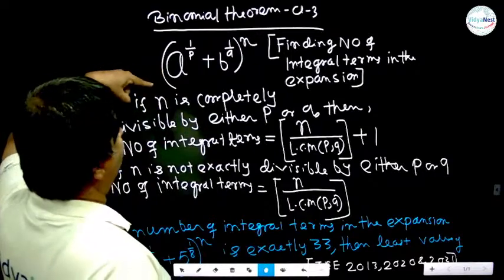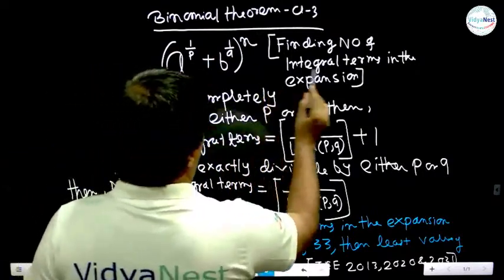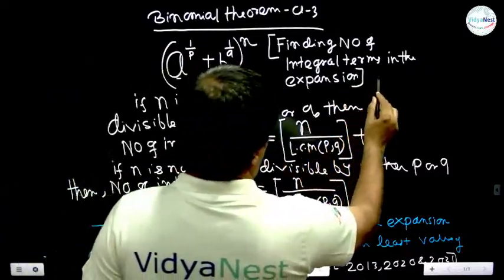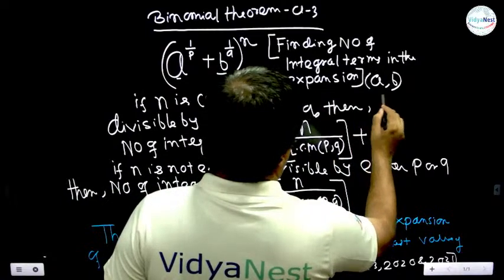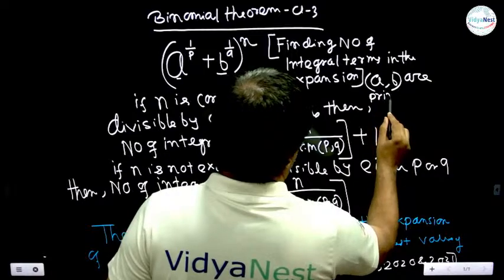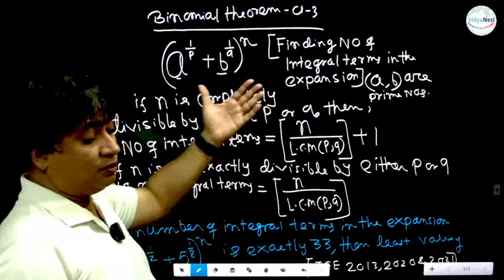See, one criterion I missed out, where A and B are prime numbers. So all the categories are satisfied.